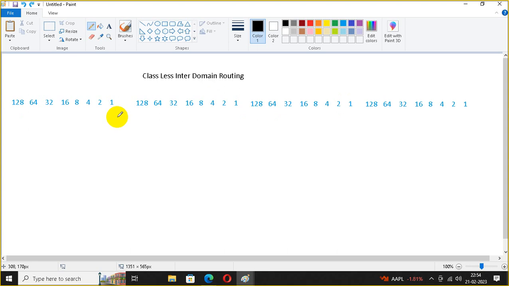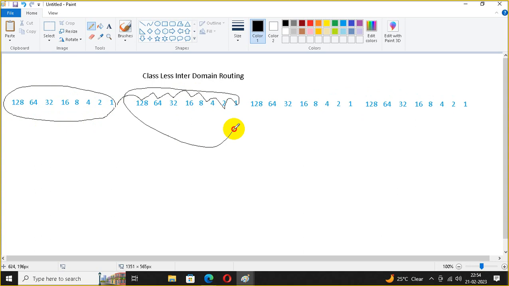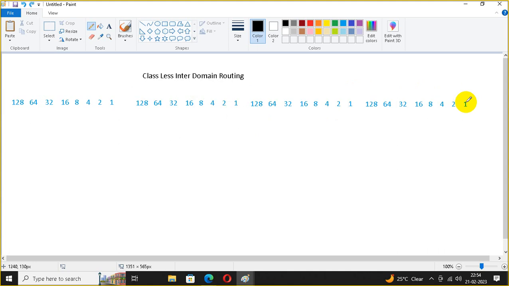Again, classless inter-domain here means whenever one class is full, it jumps to the next, and whenever that is full, it jumps to the next. Clear? So that means it is called classless inter-domain routing.